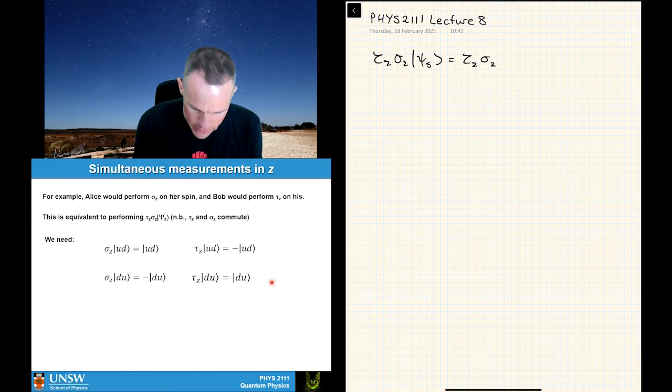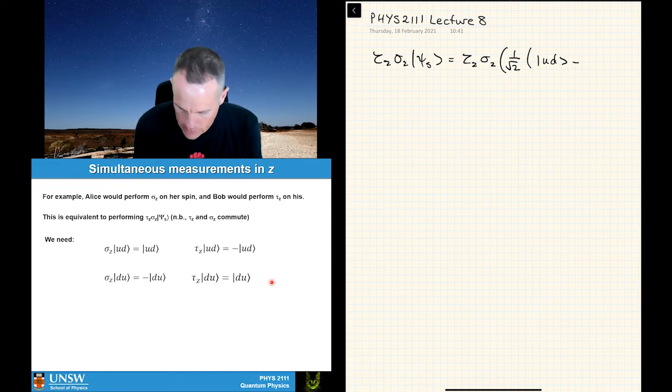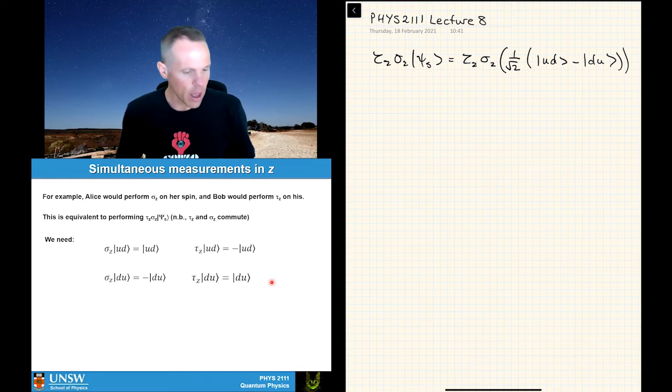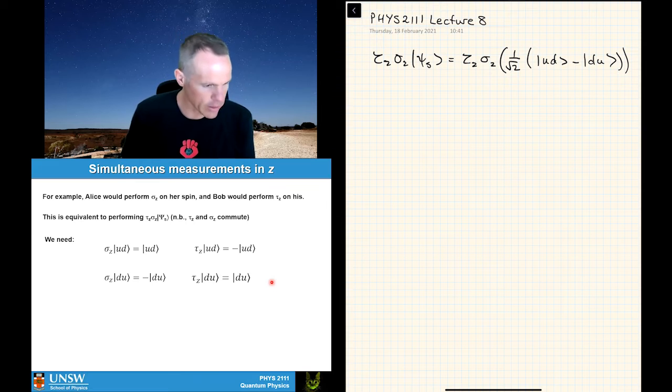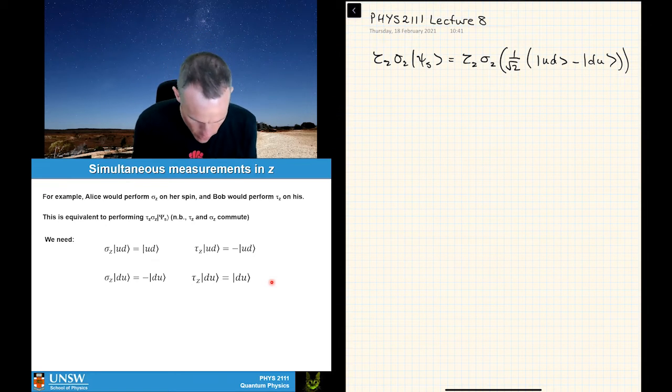Actually, let's get a correct bracket on this. 1 on root 2 as our prefactor here, and then we would have the state up down minus the state down up, like so. The 1 on root 2 I'll just keep pushing all the way out to the front because it's basically just a number. And so let me pull the equals over here so I've got a bit more room. This thing will be 1 on root 2.